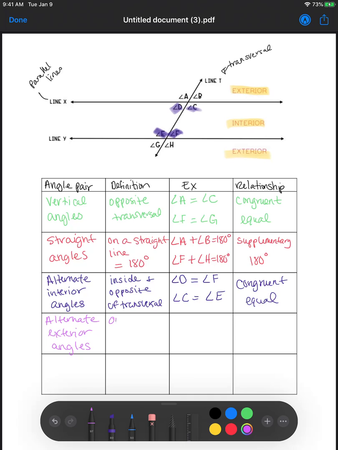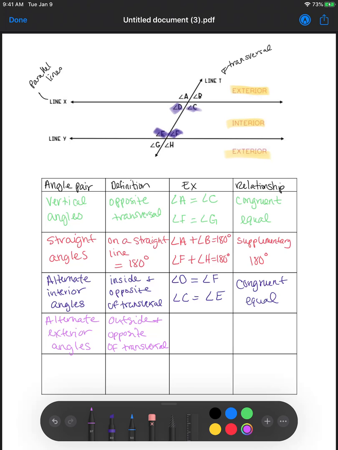And they are outside and opposite of the transversal. I'm trying to write neat, but I'm not the neatest writer. So opposite of transversal, that's what that says.